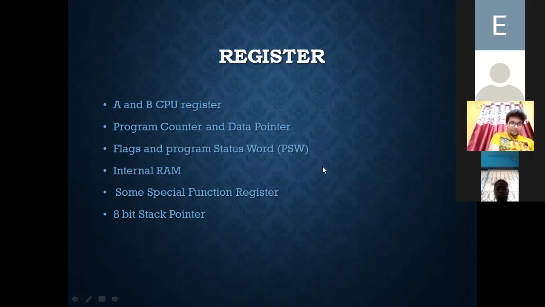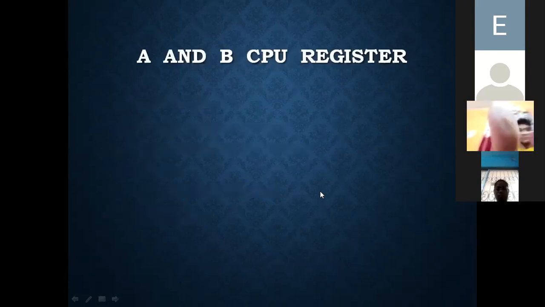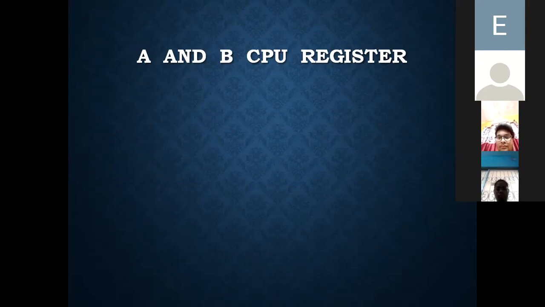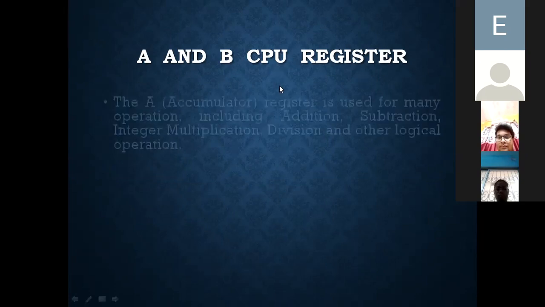Now we'll again go to the A and B CPU registers. As we have discussed, the A register is nothing but the accumulator, so it does the arithmetic and logical operations.